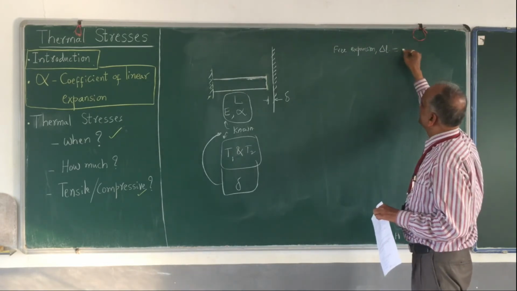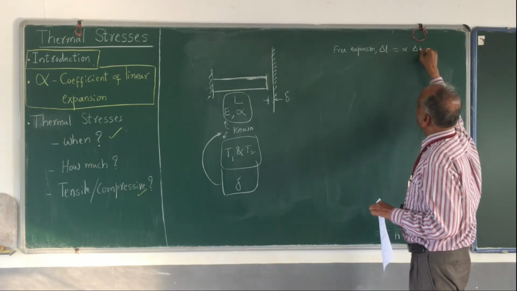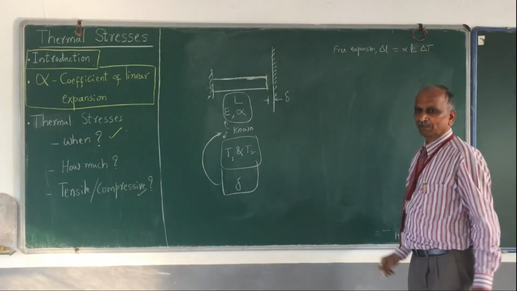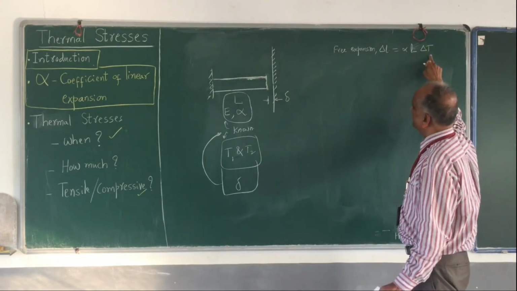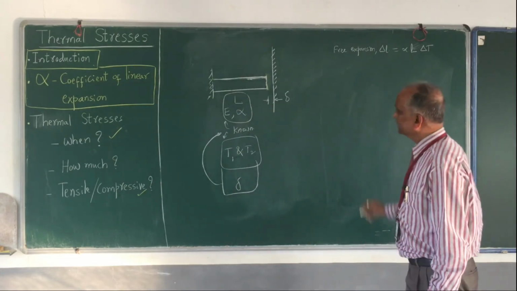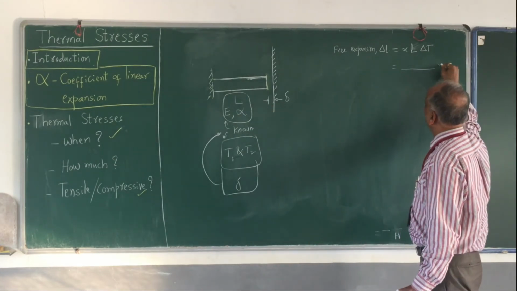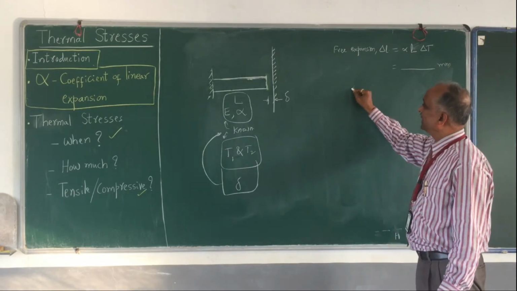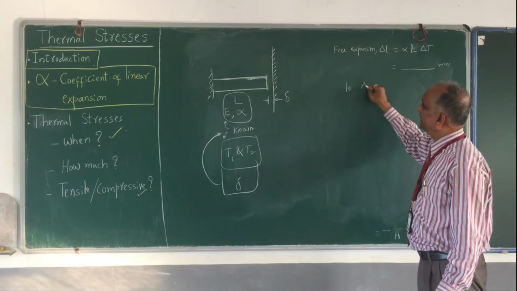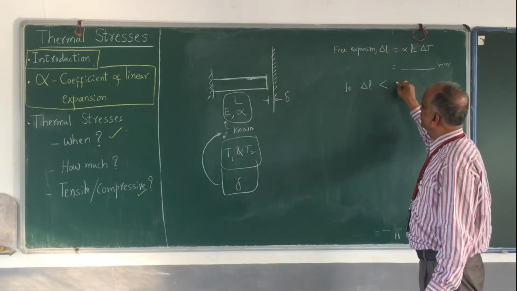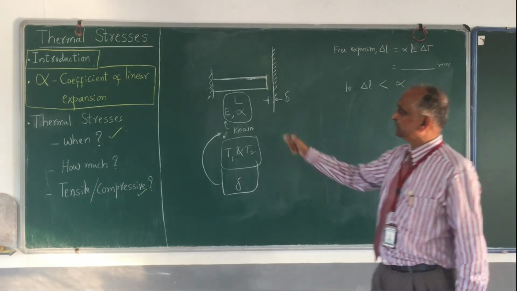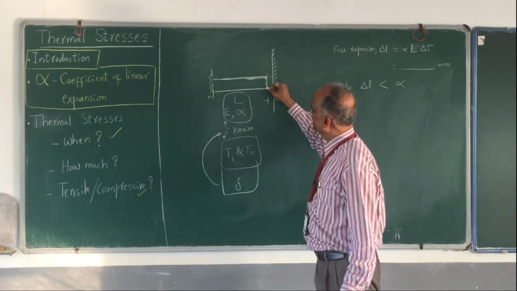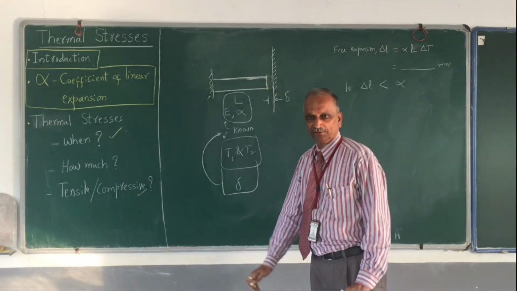How do you calculate it? It is alpha into L into delta T. You know alpha, you know L, you know delta T, as you know all this. Therefore, you will calculate the free expansion. Then I shall check whether delta L is less than delta. So the free expansion delta L will come something like this and it is not yet touching this wall.